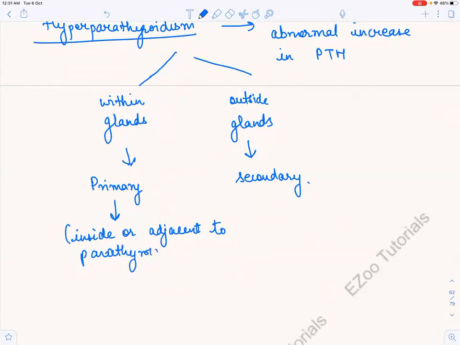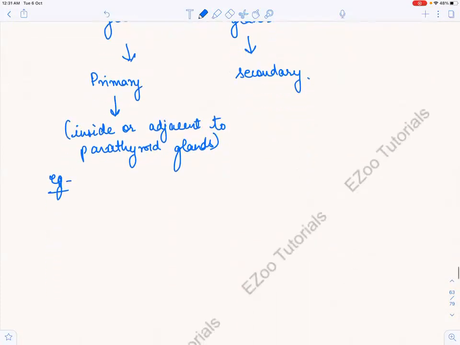Parathyroid gland, and it may occur, for example, when there is cancerous growth within this gland or near it, or there can be tumors which are non-cancerous also.